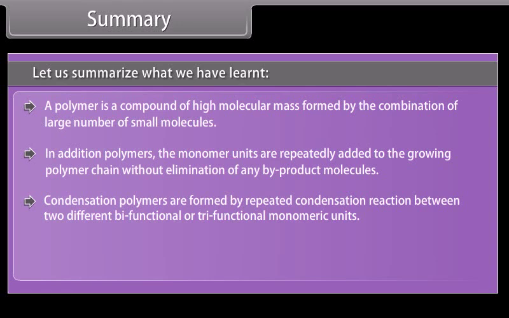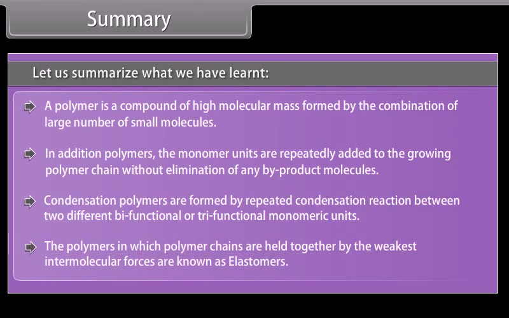Condensation polymers are formed by repeated condensation reactions between two different bifunctional or trifunctional monomeric units. The polymers in which polymer chains are held together by the weakest intermolecular forces are known as elastomers.